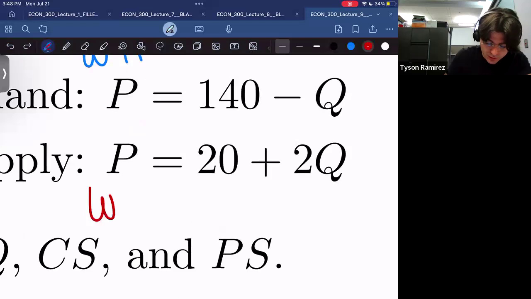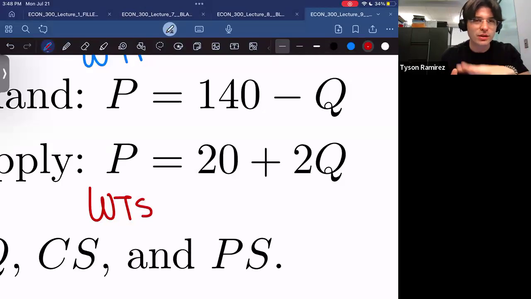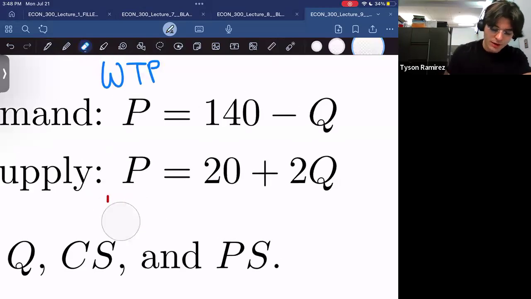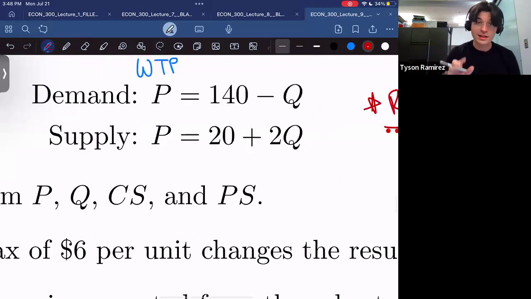And then the converse is that the producers have a willingness to sell, and if quantity is very high, then we are willing to sell. I guess the intuition is best understood with the demand side of things. Honestly, it's not all too important, but I just wanted to give some intuition for the inverse functions.